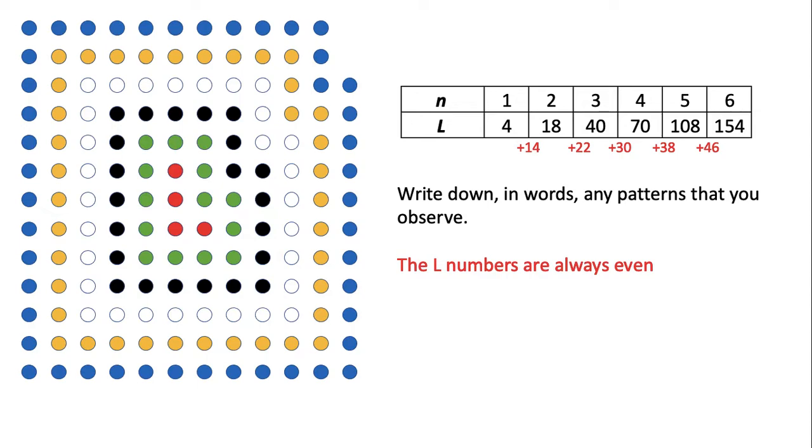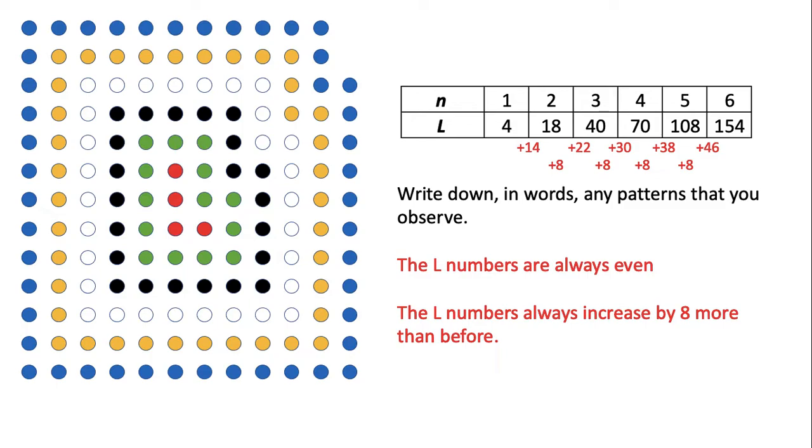So you can look at something called the second differences. To get from 14 to 22, it's plus 8. To get from 22 to 30, it's plus 8. And it's always plus 8 more every time. So that's a pattern that you can observe. You just got the challenge of trying to express that articulately.